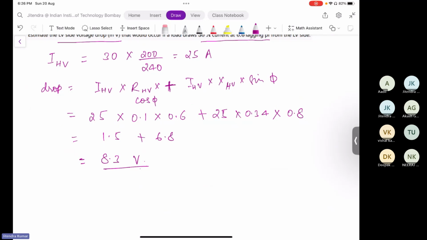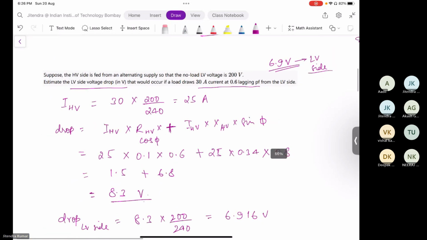Now the drop at the LV side, you just have to transform: 8.3 into 200 by 240. So it is 6.916 volt.